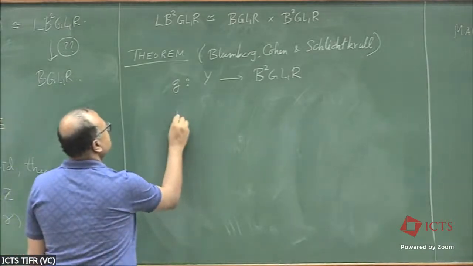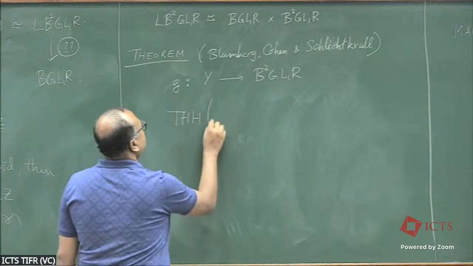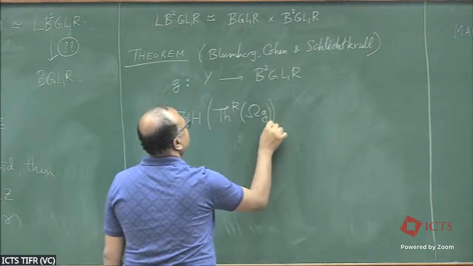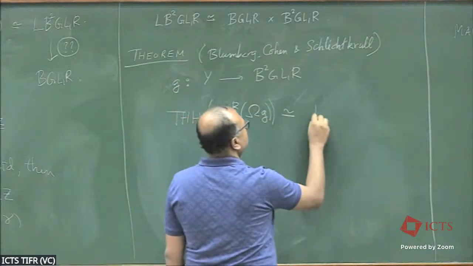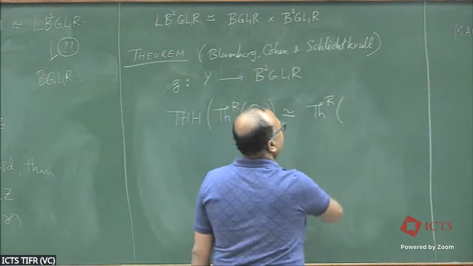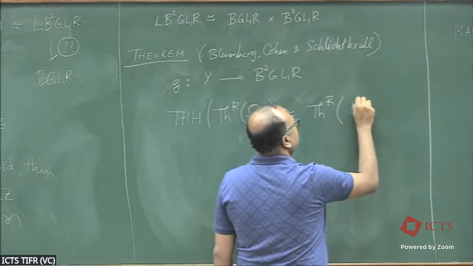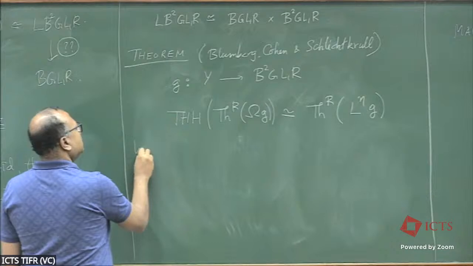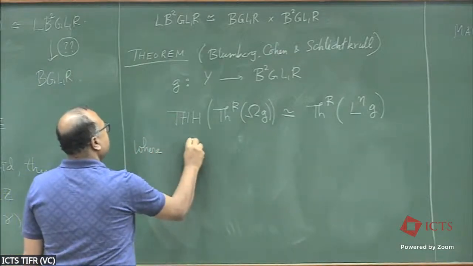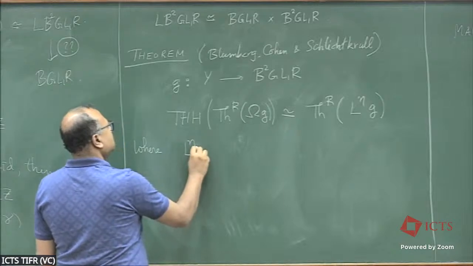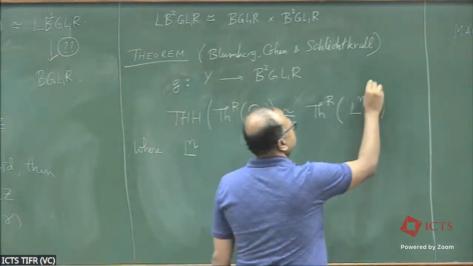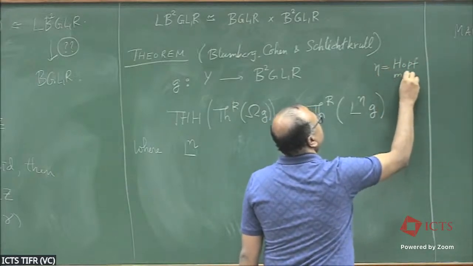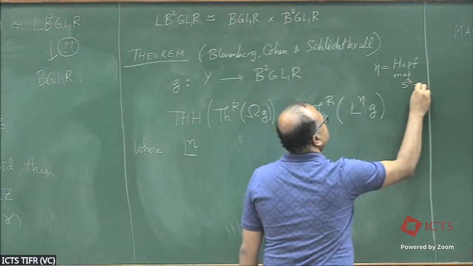So the formula is THH of the Thom spectrum of omega g is equivalent to THH of R of the Thom spectrum of, we write it as L eta g, where eta stands for the Hopf map S3 to S2.